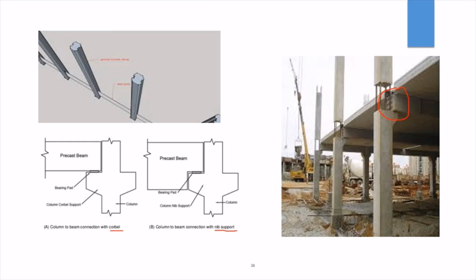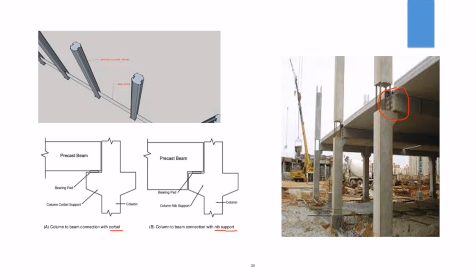corbel and nib support. You need to know the difference between the corbel and nib support. I have just shown you in this image. You can see the precast beam is being placed on the column, and here we have a bearing pad. This is a corbel, and this type of construction we can normally see in temples.